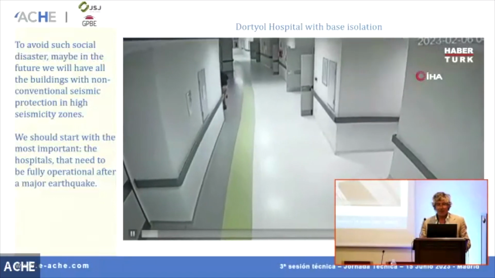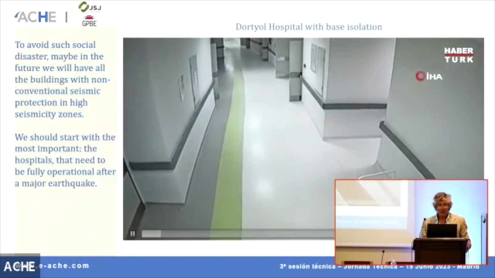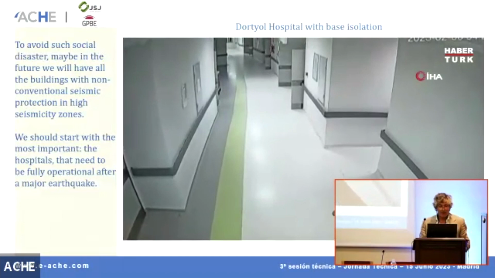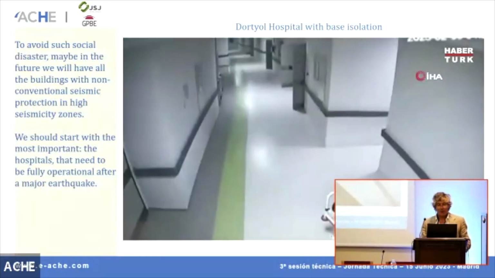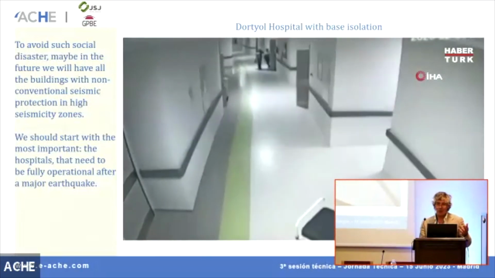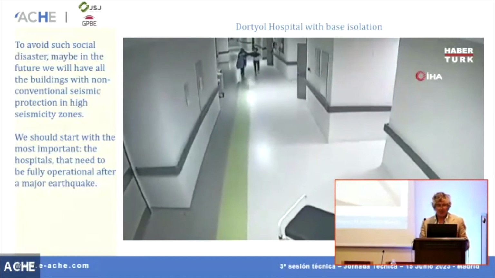But you can see that the building starts shaking a little bit. But obviously the base isolation or the other non-conventional seismic protection, we should start first with the most important buildings like hospitals, because they need to be fully operational after a major earthquake.